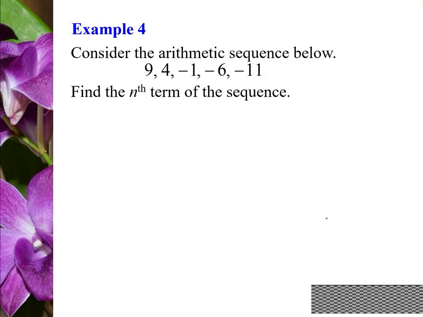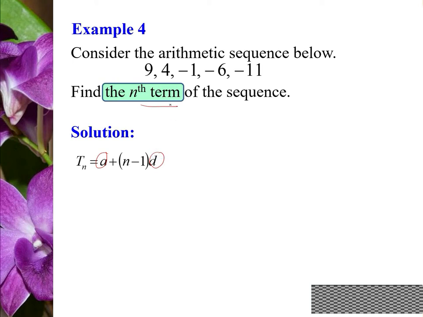Example 4. Consider the arithmetic sequence below. Find the nth term of the sequence. Since the question already mentioned that this is an arithmetic sequence, we know that we can just apply the formula. The formula given is Tn equals a plus n minus 1 times d. So from the sequence given, do we know what is a and what is d? a is simply the first term.